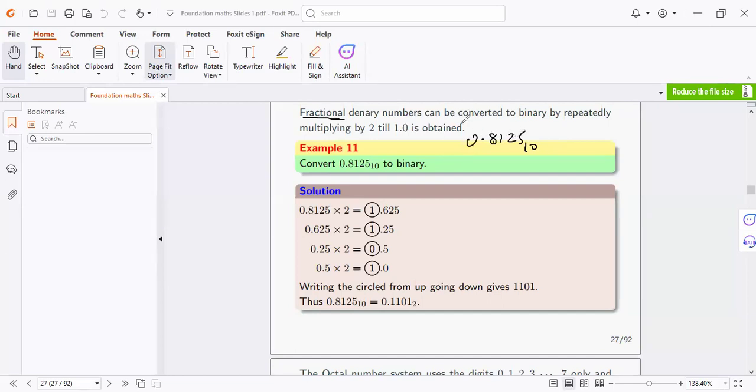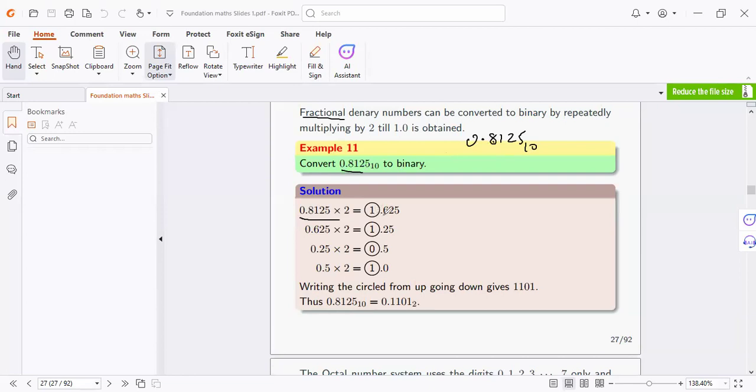What we do is we multiply that new base by this number until you get a whole number. You multiply until you get a whole number, and then you stop. For instance, I want to convert this to binary, so I multiply it by 2.